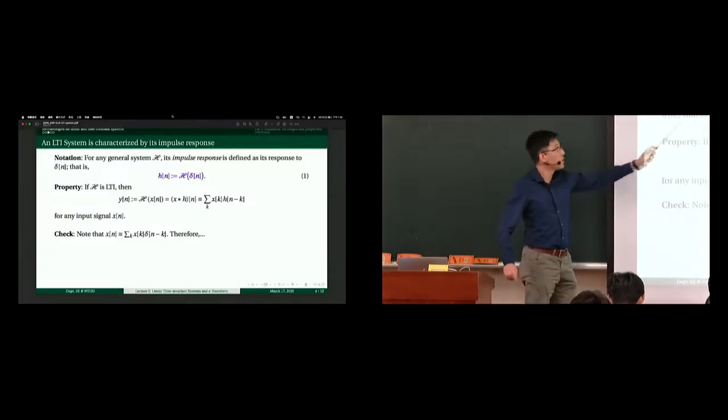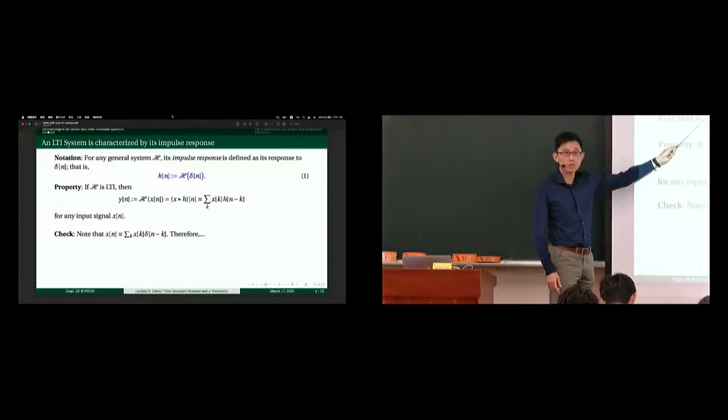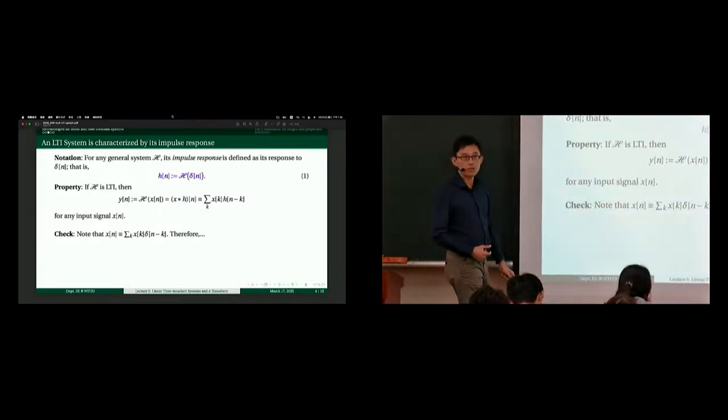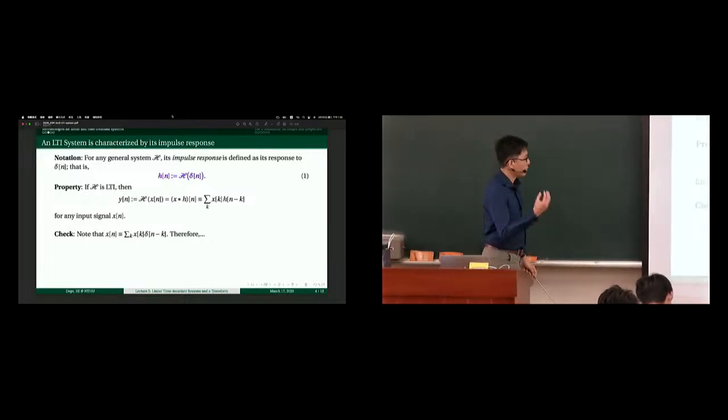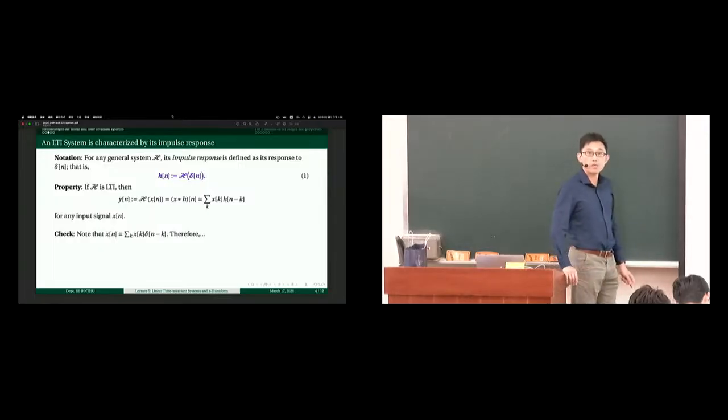Let me repeat that. An LTI system is completely characterized by the impulse response, denoted as small h. So it's of central importance in this course. Later, we'll look at a particular family of examples.